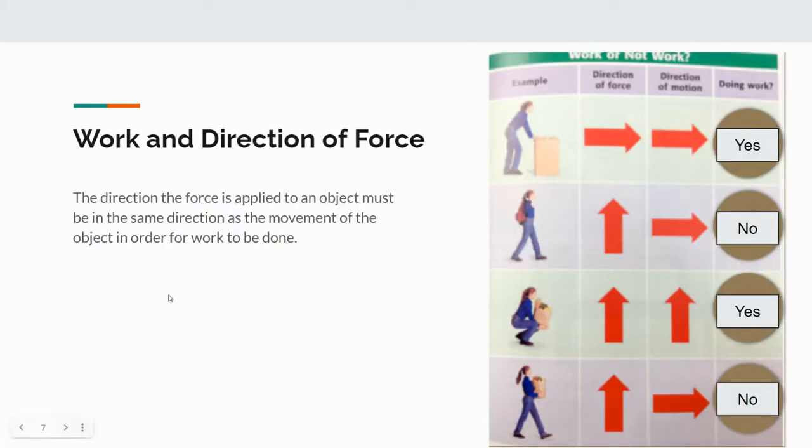All right. Now, also, the direction of the force has to be in the direction of the movement. Okay, and this can get a little bit confusing. For example, if we're pushing a box along the floor, and the box is moving in the direction that we're pushing, then we do have work.